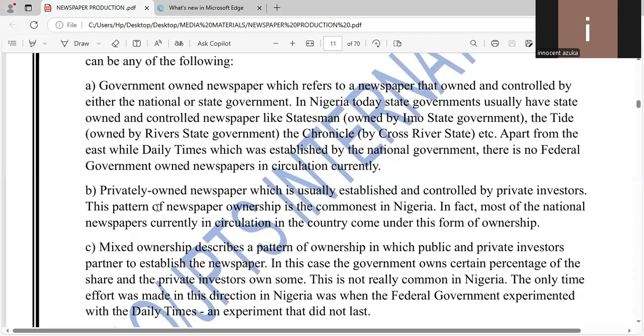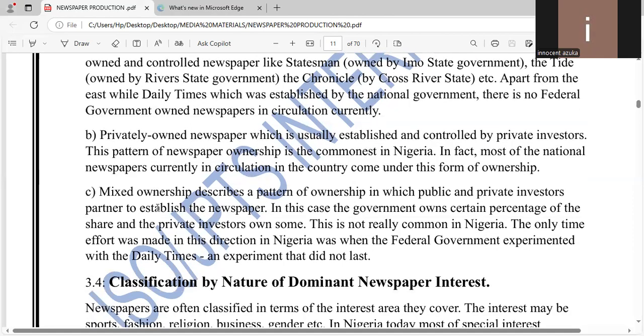We have mixed ownership, which describes a pattern of ownership in which public and private investors partner to establish the newspaper. In this case, the government owns a certain percentage of the shares and private investors own the rest.